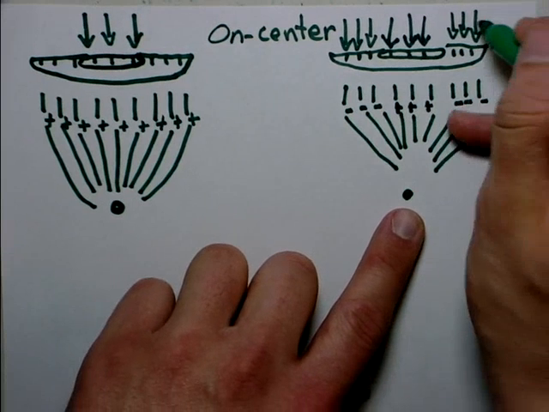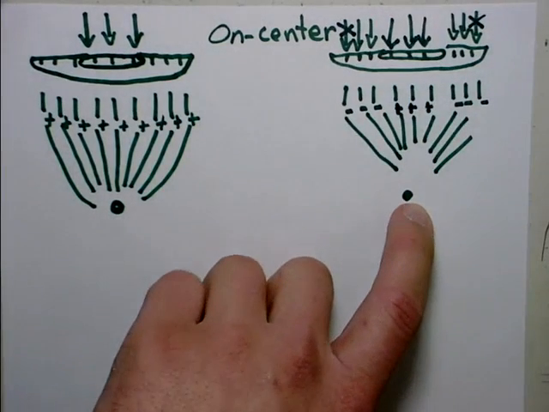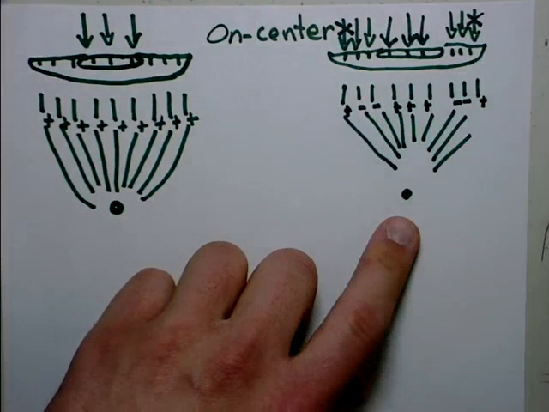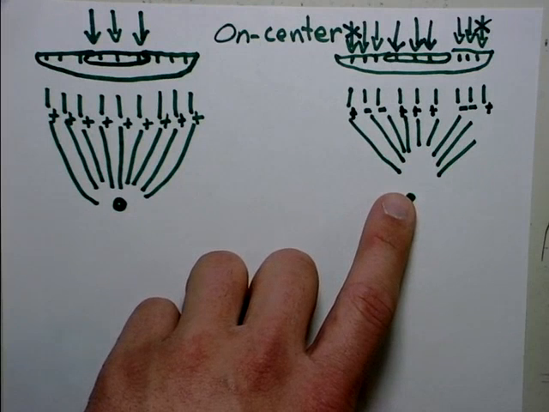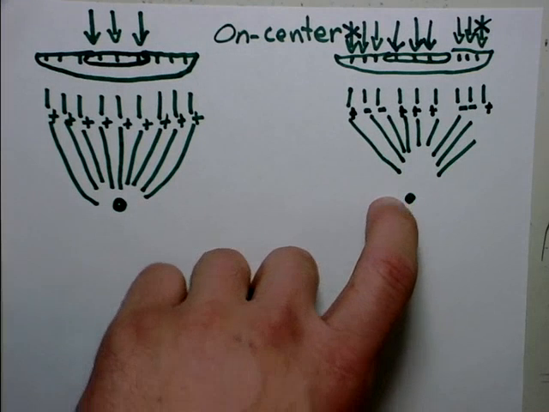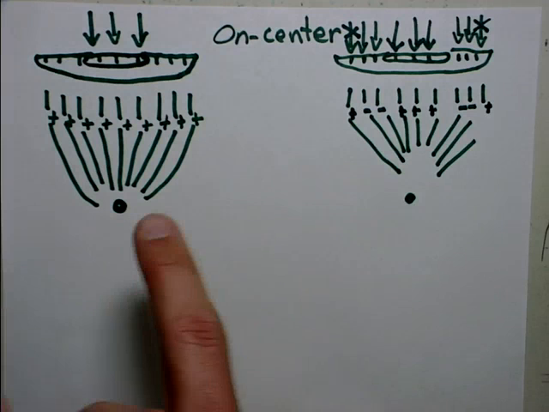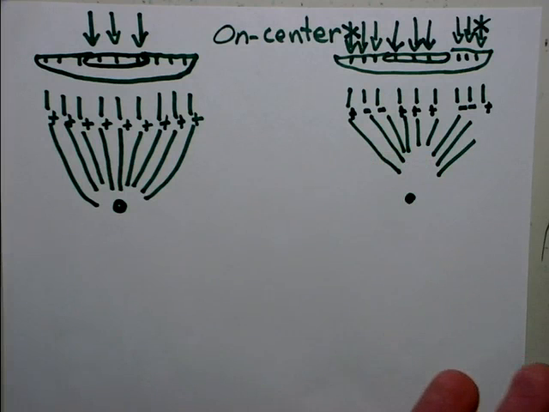Now, if we were to cancel this one out, and this one out, so it's just barely crossing into it, now we might see light. And that's excitatory. Does that make sense? Now, this is all with an on-center. With an off-center, all of this is reversed.